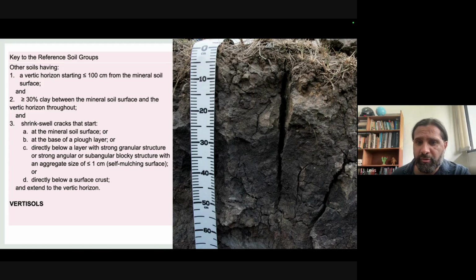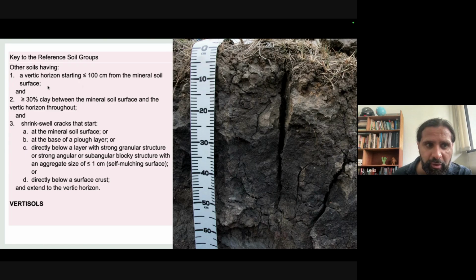The vertisols are soils that cannot be classified as histosols, anthrosols, technosols, cryosols, leptosols, or solonetz. So now they register a vertic horizon, that horizon that registers cracks, slickensides, and at least 30% of clay content. You should remember that. And this vertic horizon starts in the first 1 meter below the soil surface.